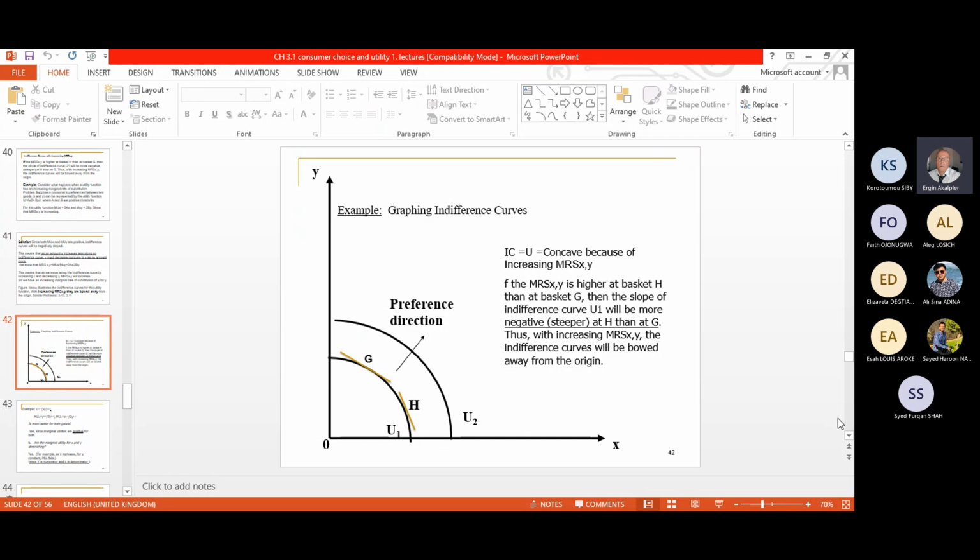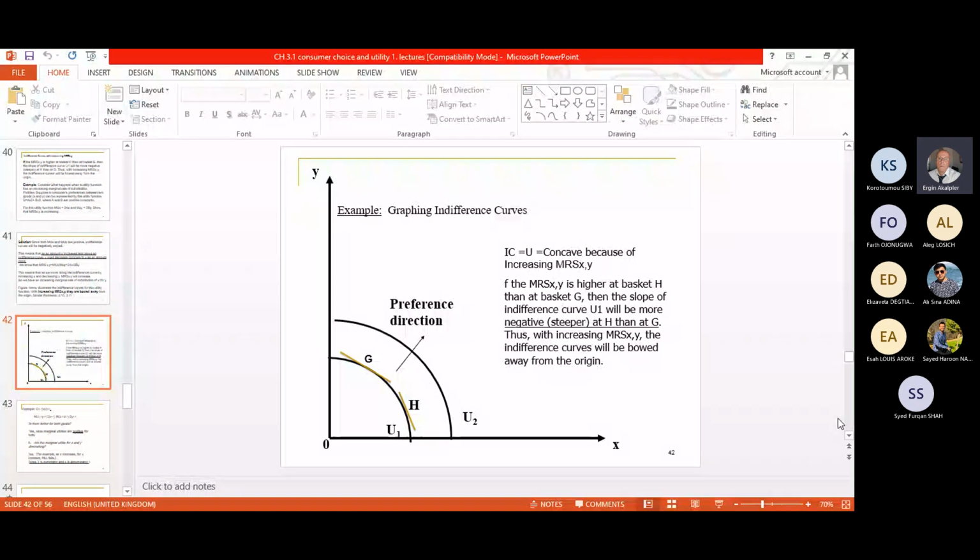The indifference curve is concave to the origin because of the increasing marginal rate of substitution, as mentioned, because it is increasing now, not decreasing. And if the marginal rate of substitution of x to y is higher at basket h than at basket g, the slope of indifference curve u1 will be more negative, steeper, as you are observing, at h than at g.